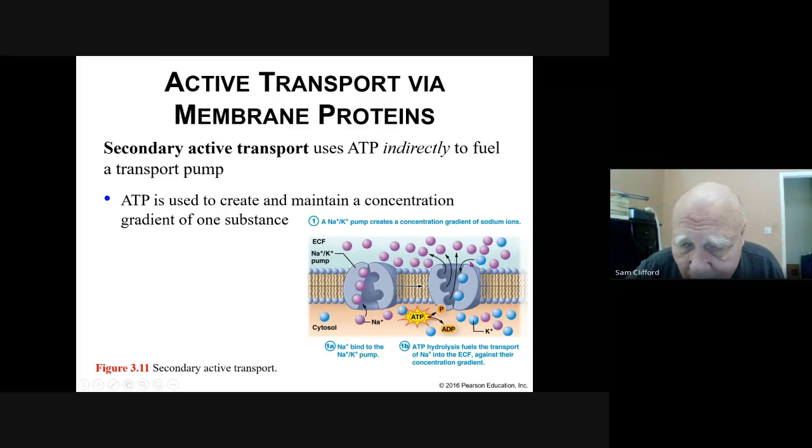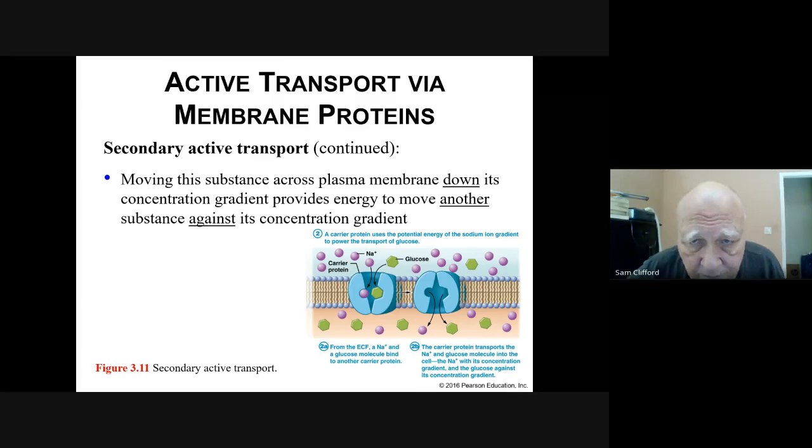It takes energy to pump from a low concentration of potassium to a high. Sometimes other substances move in with the sodium, like glucose. That would be secondary active transport.